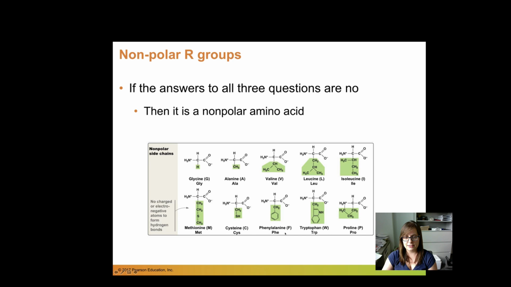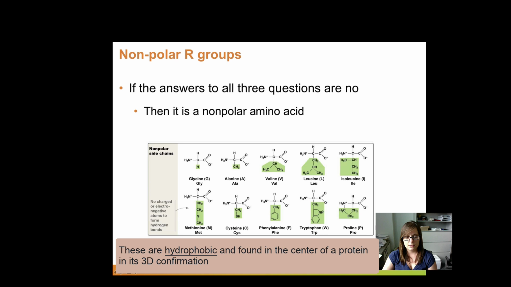They still have the charge on their amino group, but not within the side chain. Because these don't have a charge and they're not polar, they're hydrophobic, so they don't like to be around water. Often these nonpolar side chains are found, once a protein folds, in the center of the protein's three-dimensional conformation.